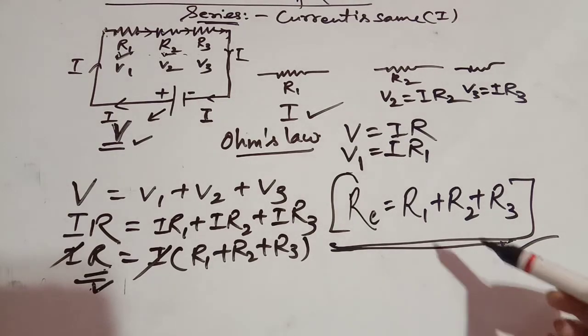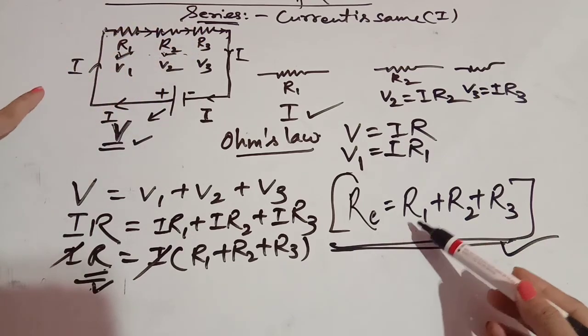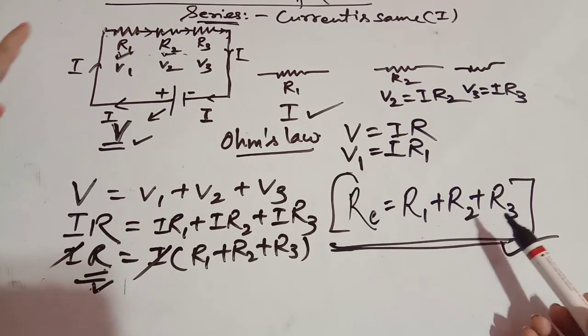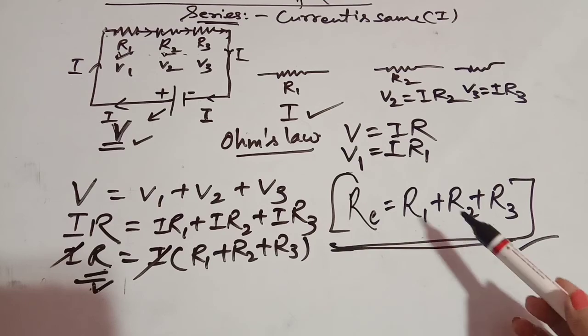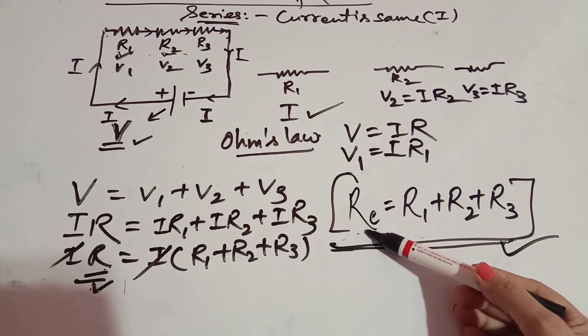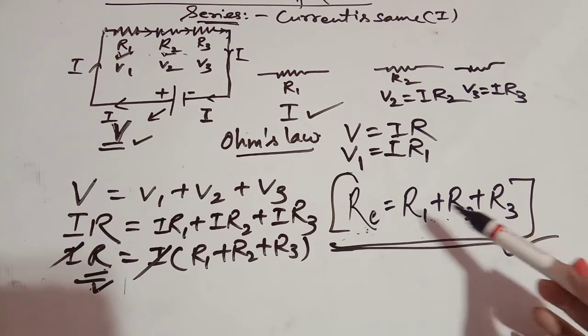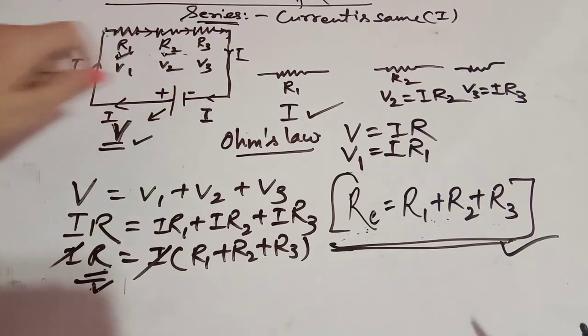It means when a number of resistors R1, R2, R3 are connected in series, then the total resistance, that is our RE, or you can say the equivalent resistance, is equal to the sum of the individual resistances.